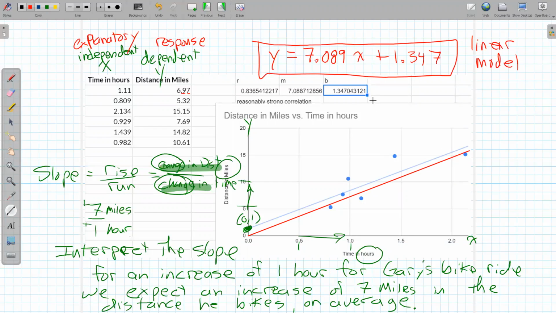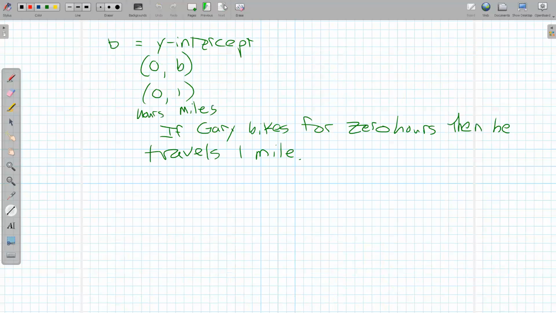So although I have a y-intercept that doesn't have a meaningful interpretation, I need it to get the line in the right spot. So all I can say here is this is not meaningful, but we need that number to put the line in the right spot.